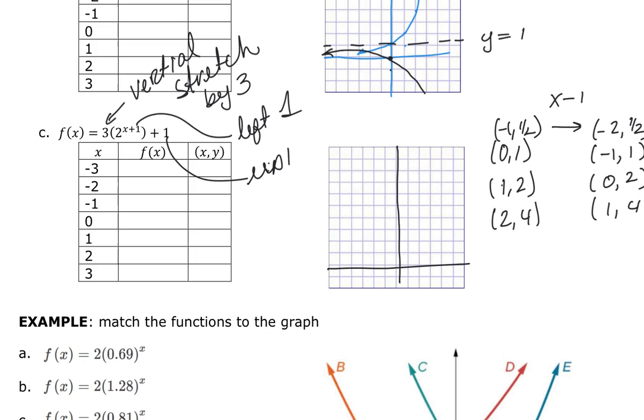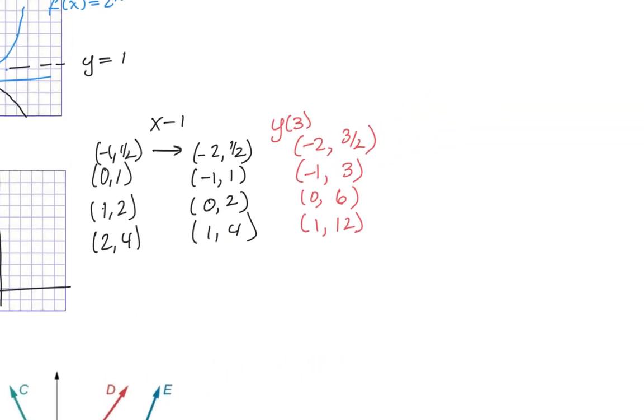And then I'm going to go up 1. So now I'm going to do the y's plus 1. Negative 2, negative 1, 0, and 1 don't change. So 3/2 is 1.5. So I'm now going to go to 2.5. This goes to 4. This goes to 7. And this goes to 13.